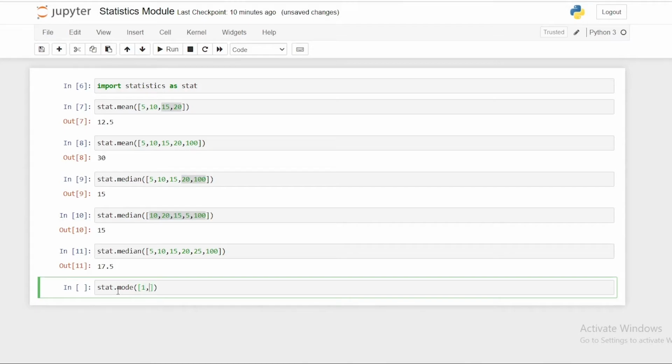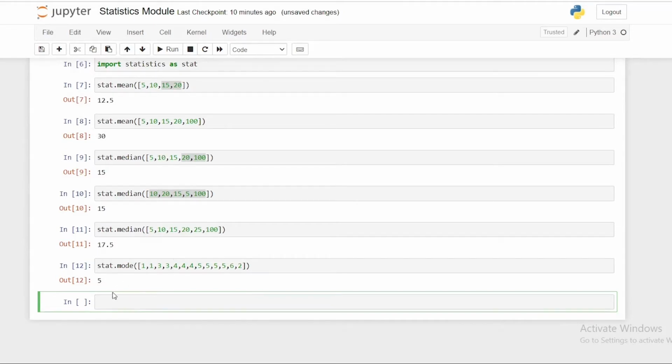We have 1, 1, 3, 3, 4, 4, 4, 5, 5, 5, 5, 6, 2. This is the set of data which we have. In this we have to find which number is occurring the most times. Here, 5 is occurring 4 times, and it's the number which is occurring the most. So here it prints out the number 5.